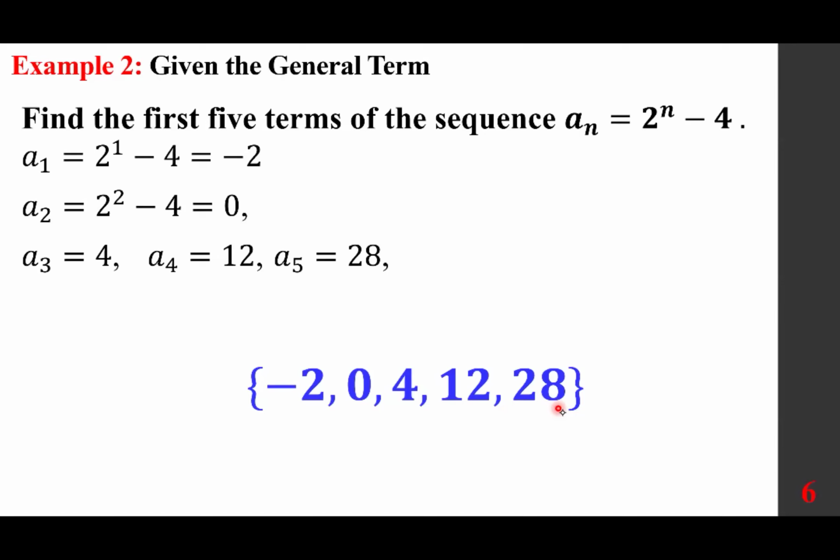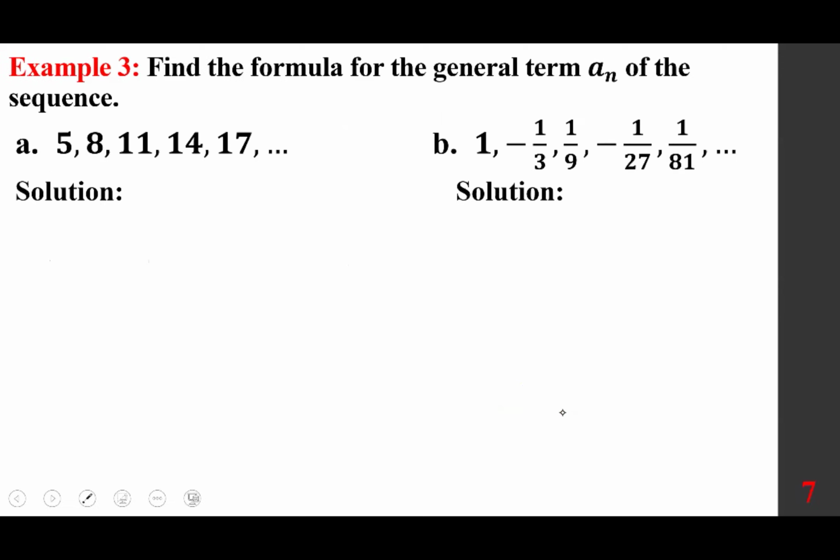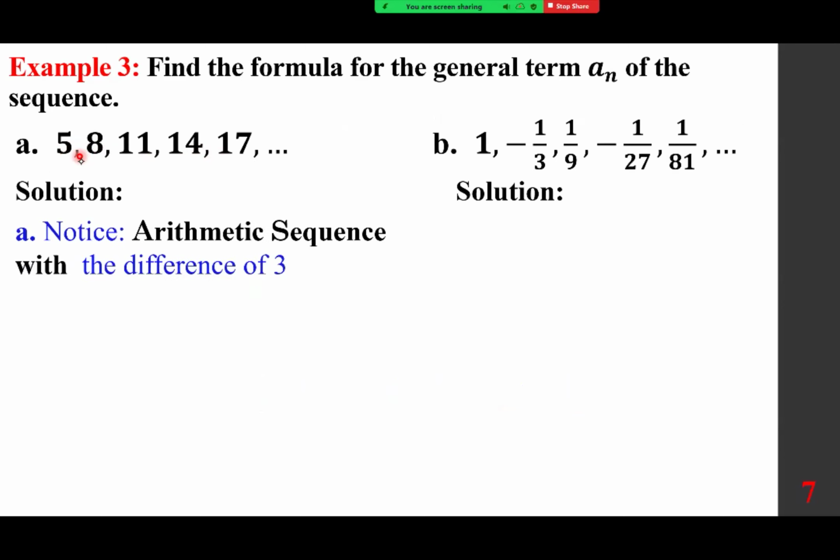Again, you have all these questions, class. We are going over the solution. Find the formula for the general term of A sub n if this is 5, 8, 11, 14, and 17. Notice that we are adding a constant. This is an arithmetic sequence. What are we adding? Number 3.